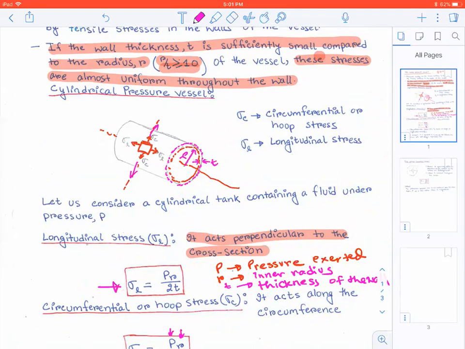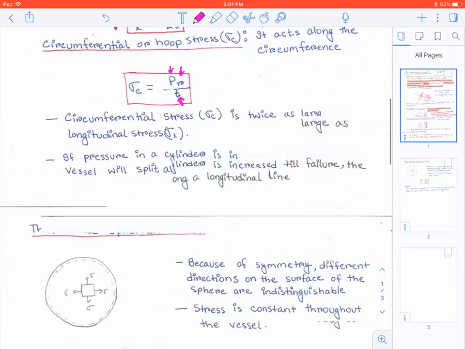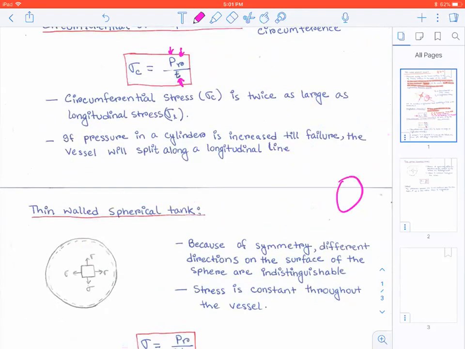It is going to pull this cylinder. Let me draw it somewhere here. If this is your cylinder, it is going to pull the cylinder this way. So you're going to see that it splits along the longitudinal direction, because sigma C is larger than sigma L, and it is twice as much as sigma L.